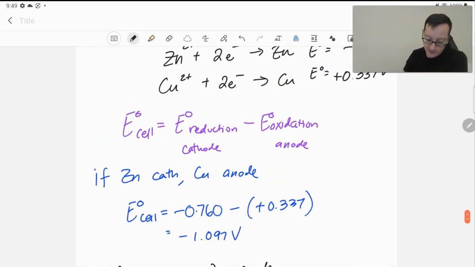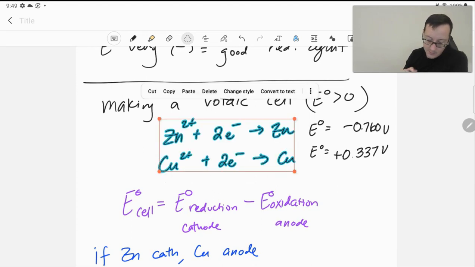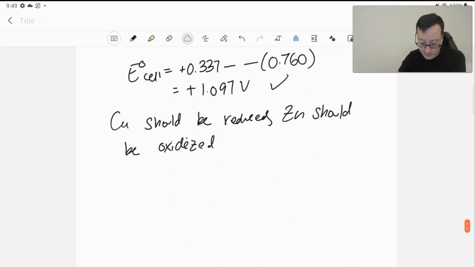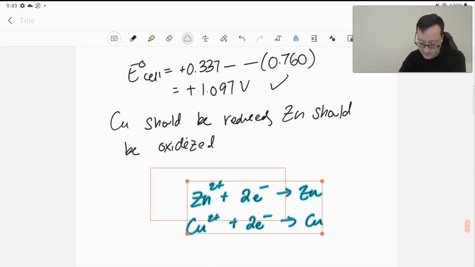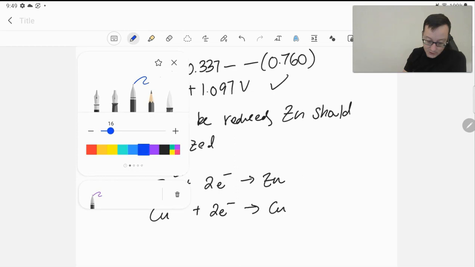And if we take our reactions, remember these reactions are always written as reductions. So if copper is the one that needs to be reduced, leave that equation alone. If the zinc needs to be oxidized, that means that we need to flip that equation around.